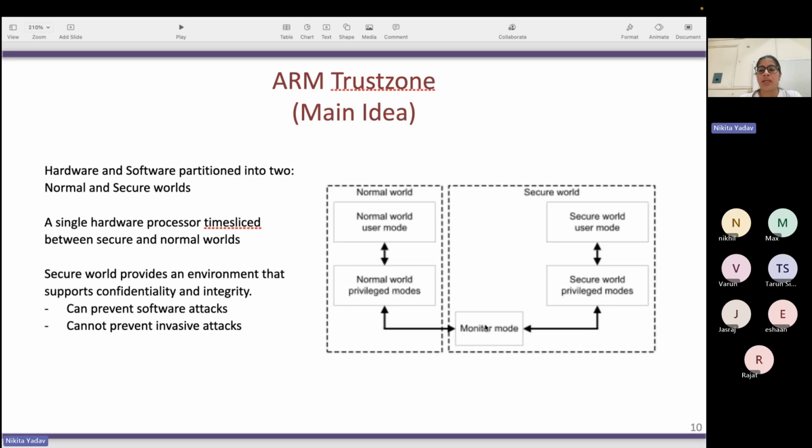That exception will be caught by the monitor. The monitor will see the arguments to the SMC instruction. It will check that the NS bit is 1, non-secure, and this request is to change from the normal world to the secure world. So it will save the context of the normal world and start the secure world.